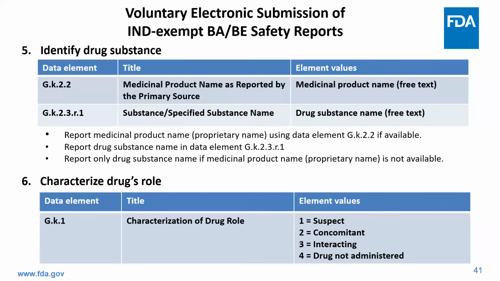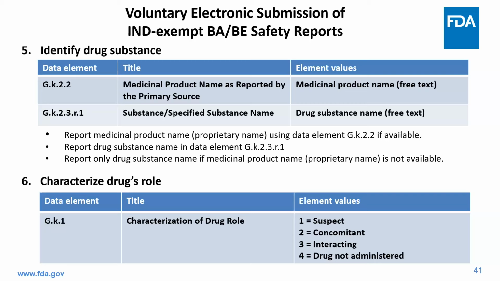In addition to correctly identifying and routing the ICSRs, it is also important to identify drugs the subjects are exposed to. In E2B(R3), ICH data element G.k.2.2 titled medicinal product name as reported by primary source is used to report the proprietary or the trade name of the drug.